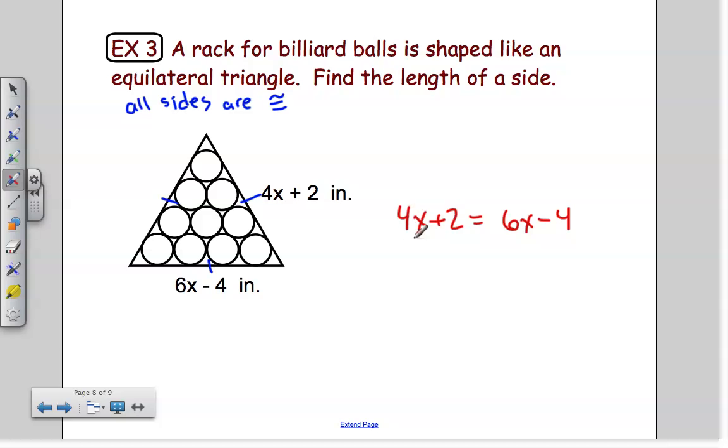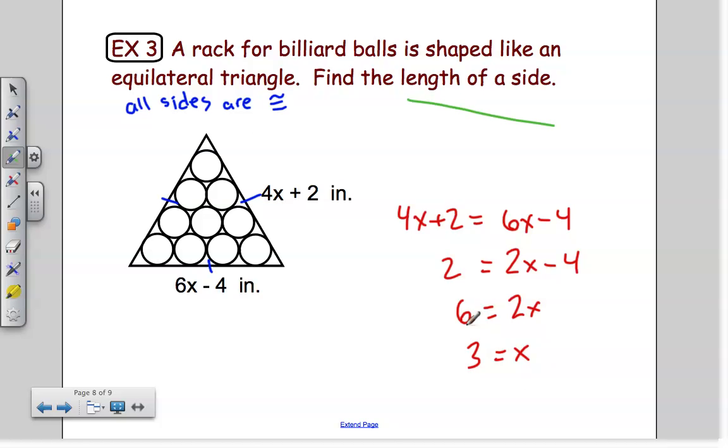I'm going to subtract 4x from this side and be left with 2x minus 4 here. I subtracted the 4x. It's gone. We just have 2 there. Let's add 4 to both sides. I get 6 there. Divide by 2. And x equals 3. But you notice it said find the length of a side.